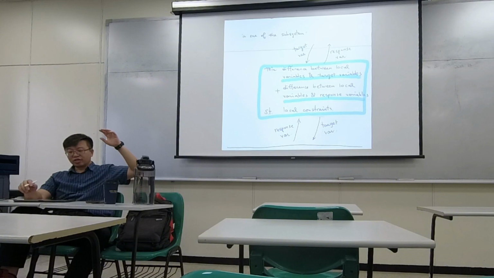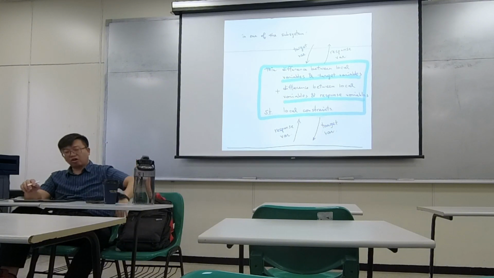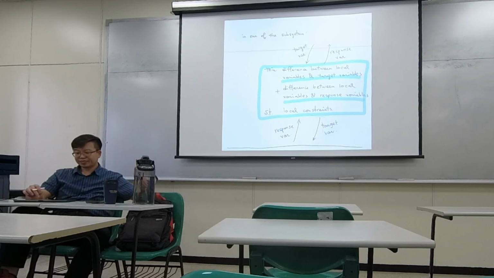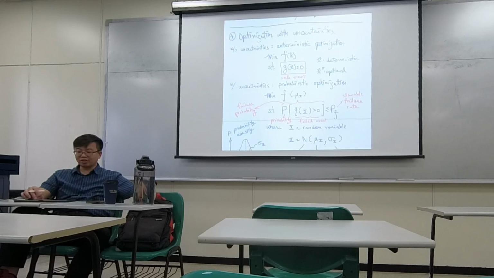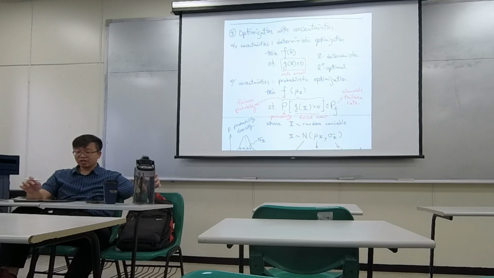They also assign values to the lower level, respond values back to the upper level. Okay. And finally, we talk about optimization with uncertainty. So what is uncertainty? Basically, not deterministic. It's gonna be probabilistic. Okay?